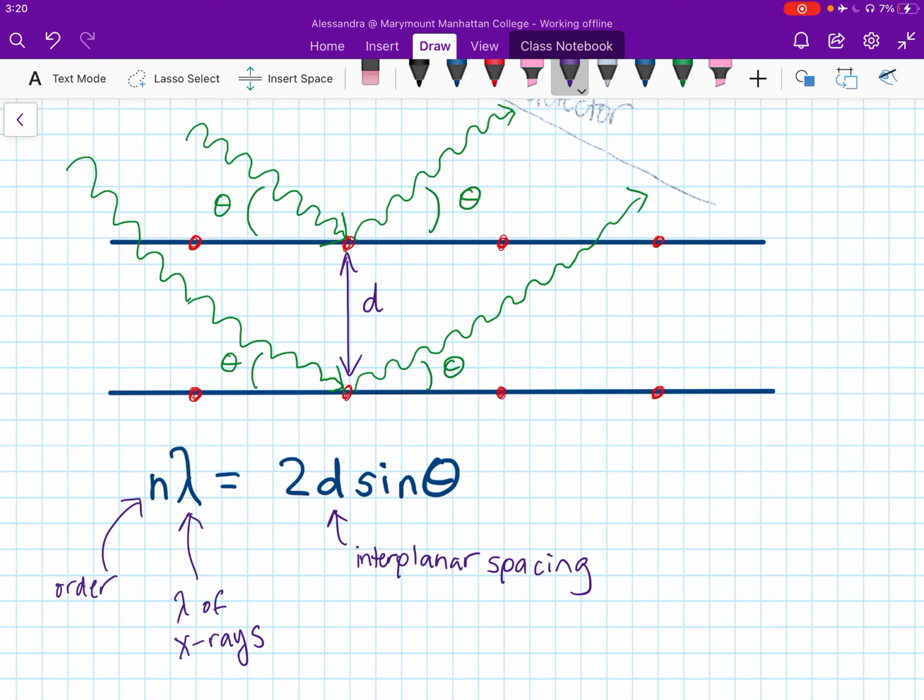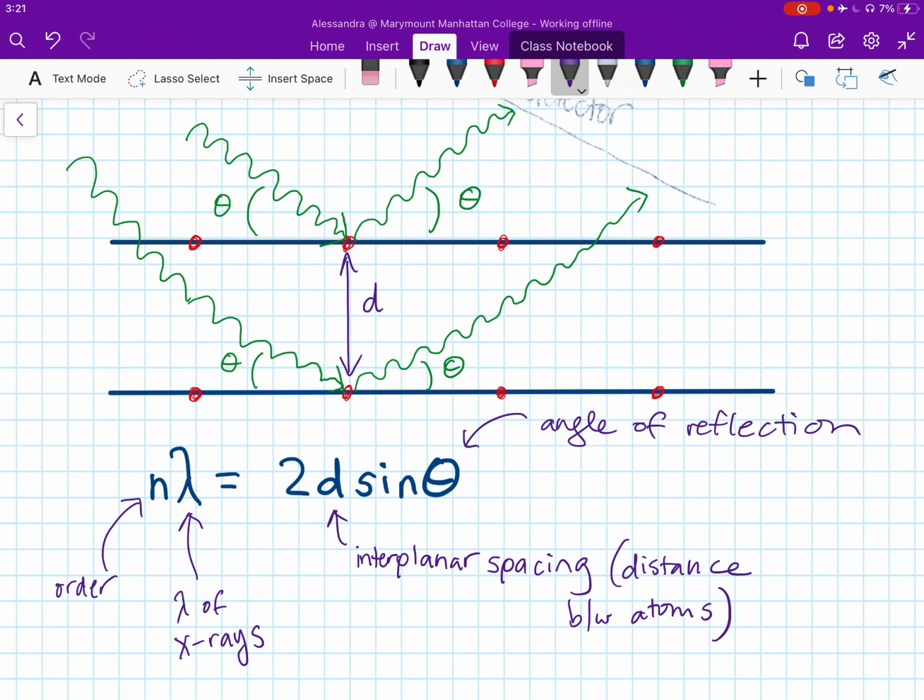The theta here is the angle of incidence, which is also equal to the angle of reflection, so this can be picked up by your detector. Now, we can use this equation to determine the interplanar spacing, the distance between the atoms in the crystal.